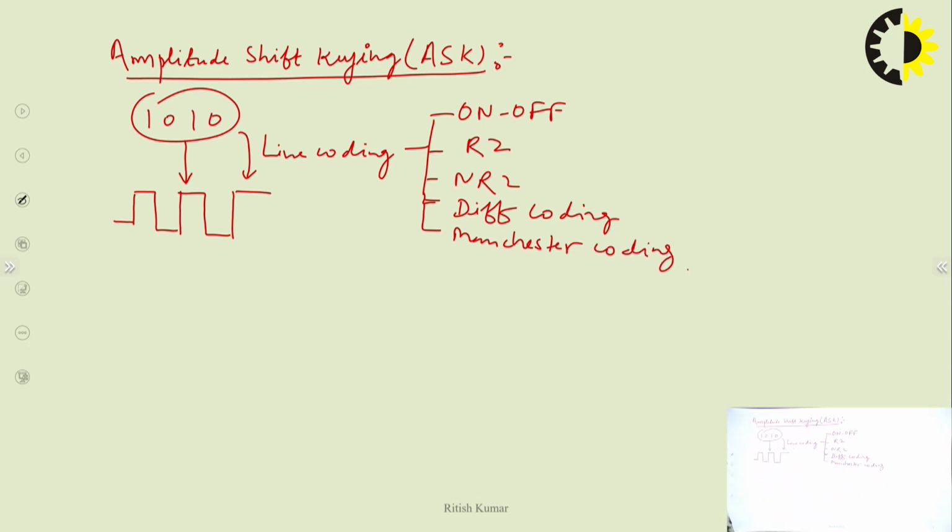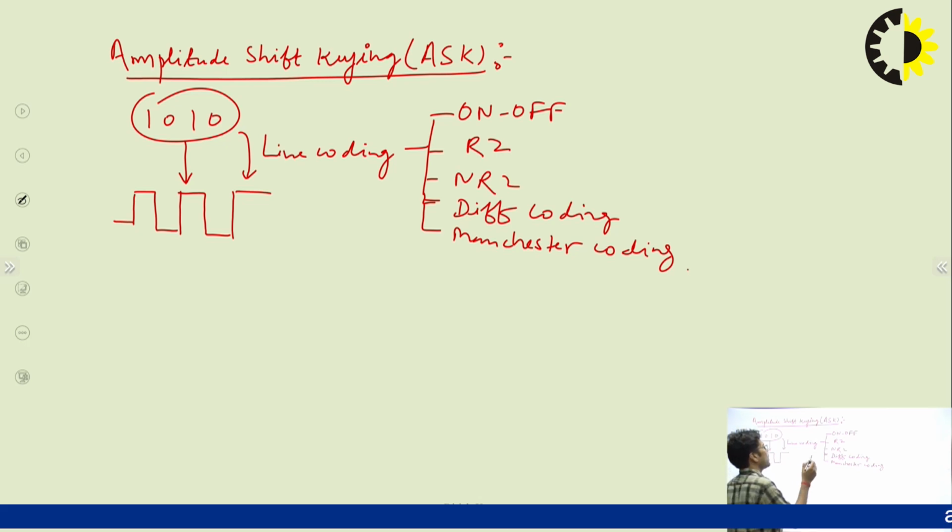These are the line coding techniques by which we can represent a simple binary signal as an electrical signal. So this is the first thing that we need to understand. In this digital modulation technique, first we need to represent a simple binary signal as an electrical signal by taking the line coding technique. I think this one is clear to all of you.